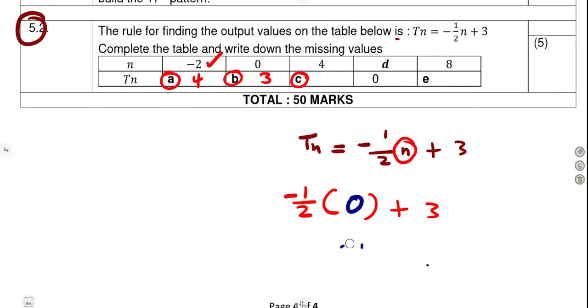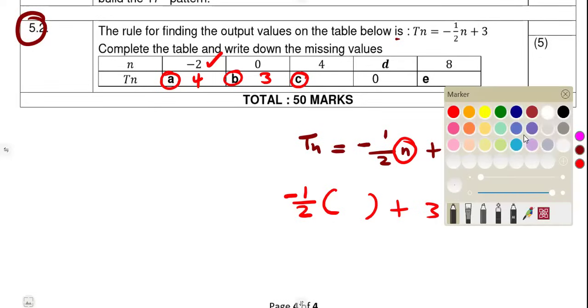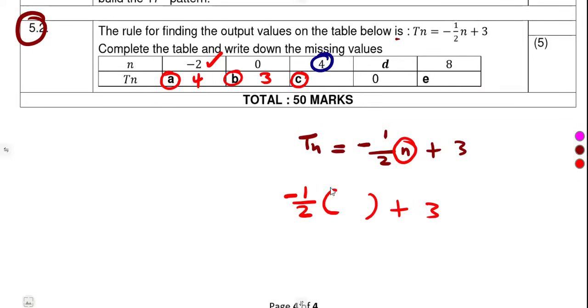In place of n, what are we going to substitute? We are given that value, n is 4. So you put there 4. Minus half times 4, that's minus 2, plus 3, which is 1. So this was going to give us a 1. That's a 1.